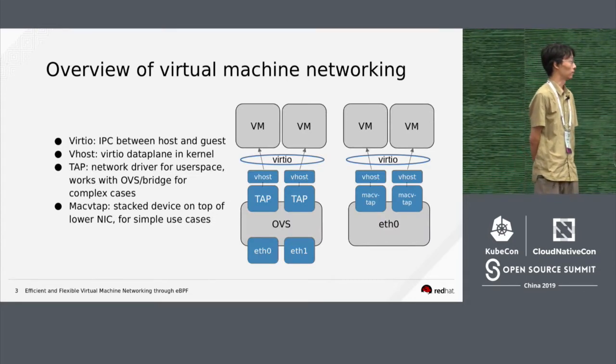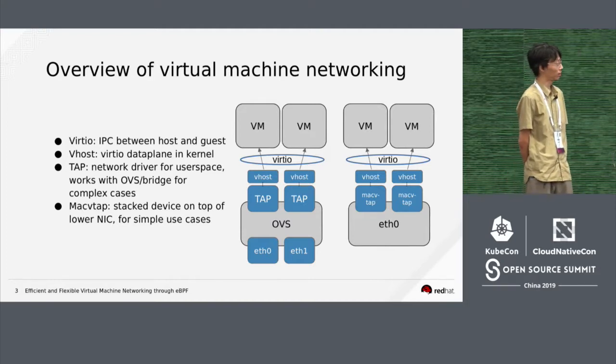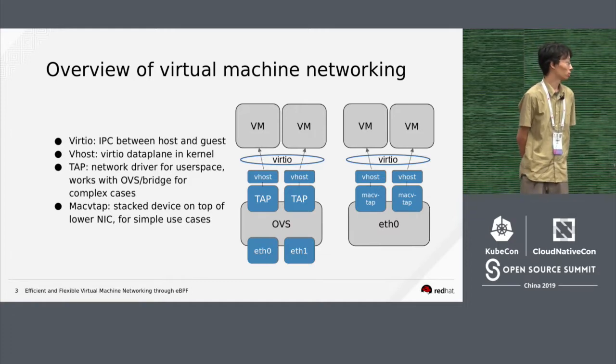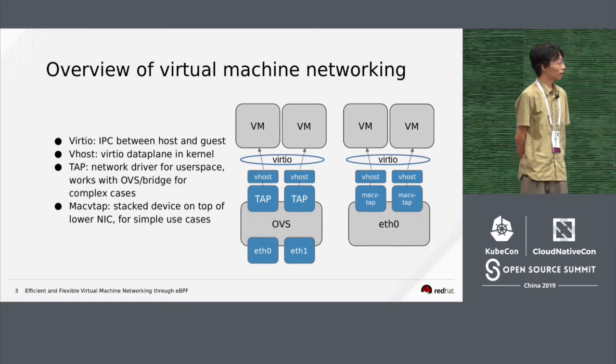This is a graphic which is very typical for the kernel-based virtual machine structure. virtio is basically the protocol for communication between the host and the virtual machine. We also have a backend, vhost, and it will connect with different virtual devices, and the simplest is tap.